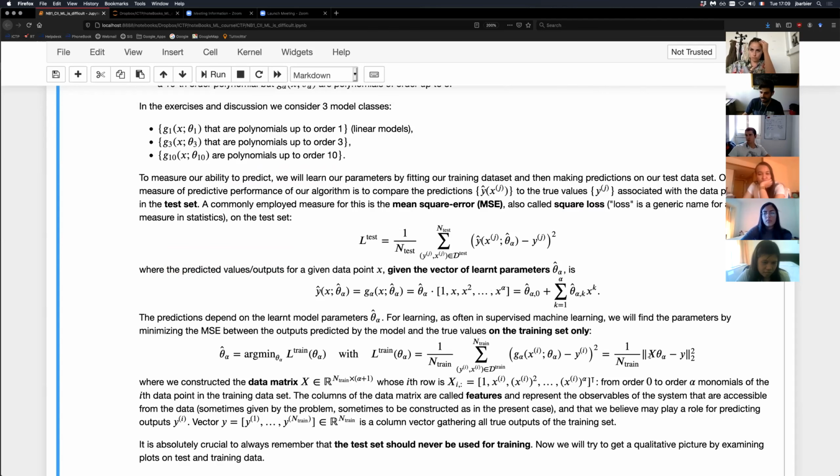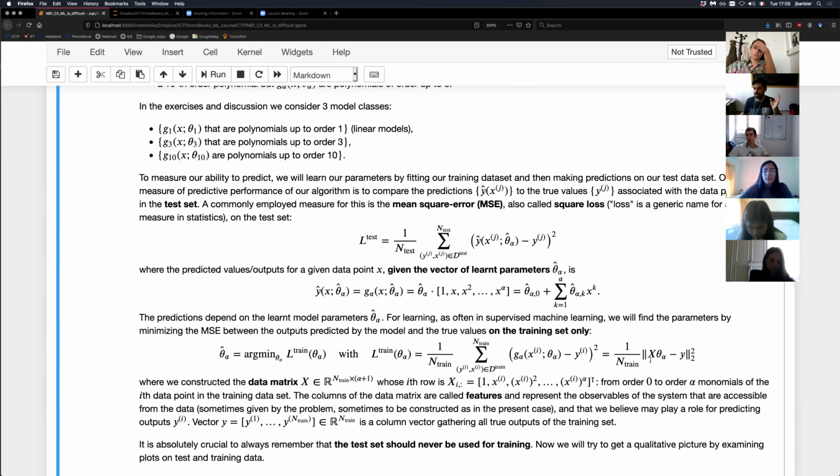So the training error in this case can just be written as the square L2 norm of the matrix X, the design matrix or the input matrix, times the vector of coefficients minus the vector of labels. This is just a more compact way to rewrite this thing, because our model here is just linear combinations of the different features.